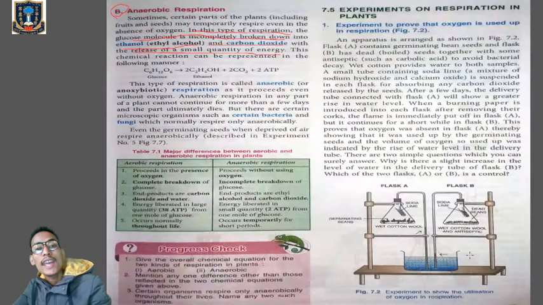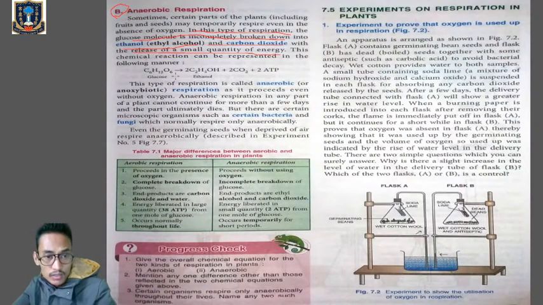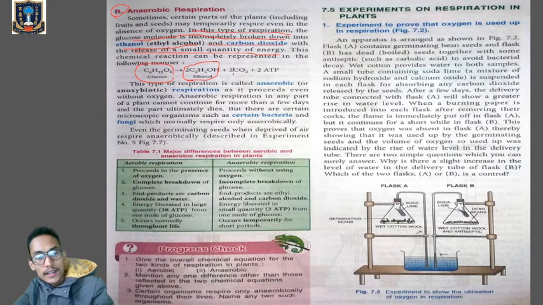But in anaerobic respiration, there is no oxygen, and since there is incomplete oxidation of glucose, there will be formation of ethanol, C2H5OH, ethyl alcohol, and carbon dioxide will be produced, but at the same time a small amount of energy.